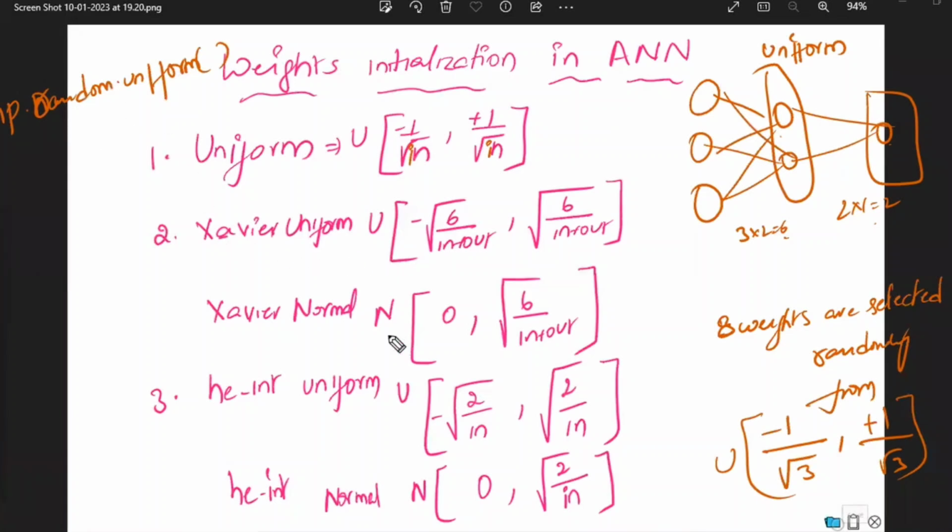When you are asking normal, it is going to apply np.random.normal, and it is going to give whatever the range is. For example, I want 100 weights between 5 to 6, which forms the uniform distribution.